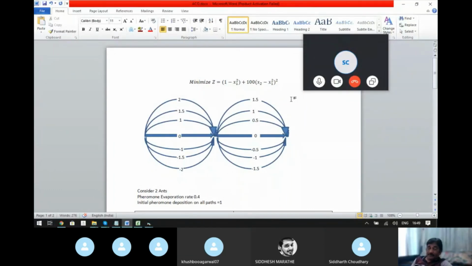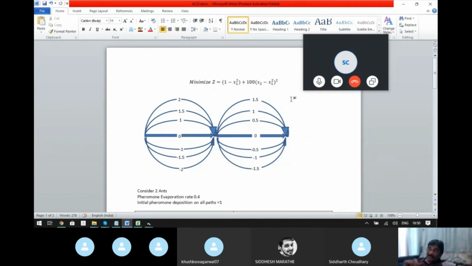Okay, right. Now there is one difference in ACO which we are seeing now and which we have seen earlier. Earlier ACO was for solving the traveling salesman problem, and this ACO is for minimizing the given function. In that ACO, which we used for the traveling salesman problem, the probability computation used one formula. What was that? The pheromone available on a certain path multiplied by eta of that path.